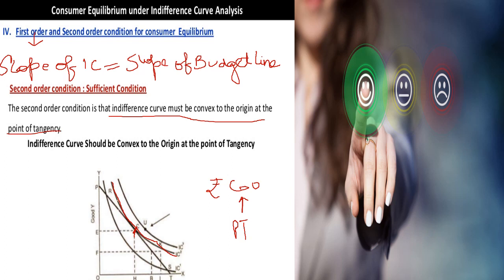And the prices जो भी आपके good X और good Y के prices हैं, the budget line also reflects how much of good Y is to be sacrificed for an additional unit of good X. The rate at which the consumer is willing to substitute X for Y given his taste and preference coincides with the rate at which the market allows the consumer to substitute X and Y given his income and prices of the goods. मार्केट अलाउ कर रही है, दैट मींस प्राइस भी फेवर में है, इनकम भी फेवर में है एंड सेटिस्फैक्शन भी आपकी फेवर में है. ठीक है? So that point will be the point of equilibrium.